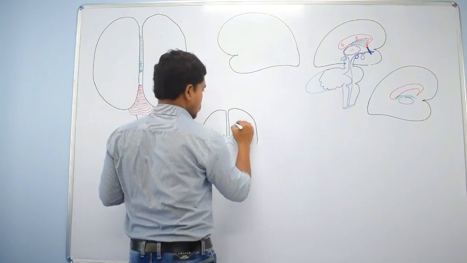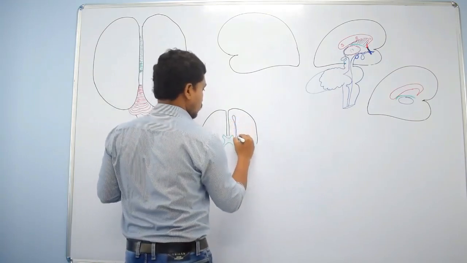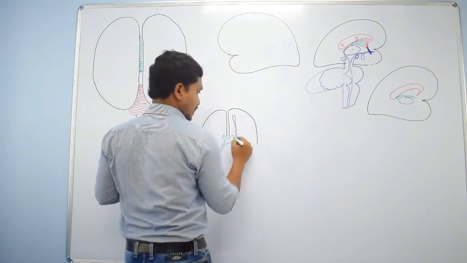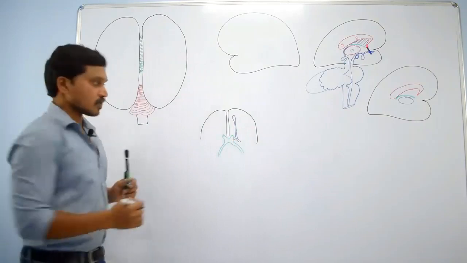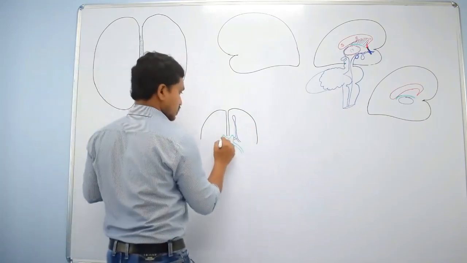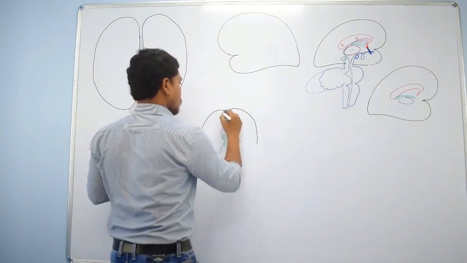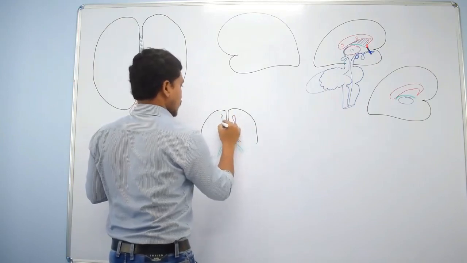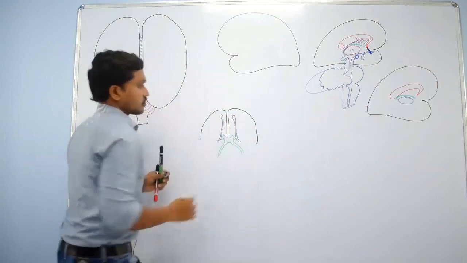What is this? Olfactory bulb and olfactory tract, then olfactory stria on both sides. So this is the olfactory bulb, this is the tract, and this is the stria, right?